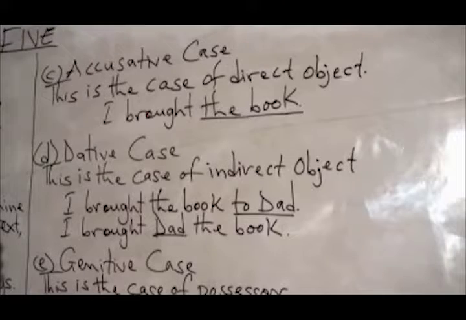The next one, accusative case. This is the case of direct objects. Any noun performing the work of a direct object is in the accusative case in Greek. We have an example: I brought the book.